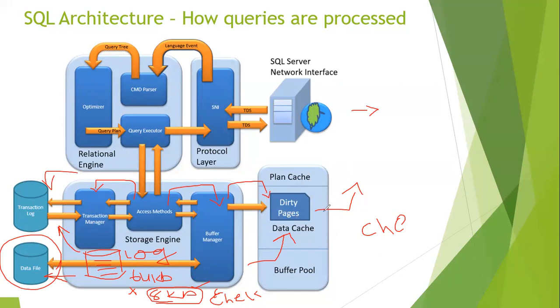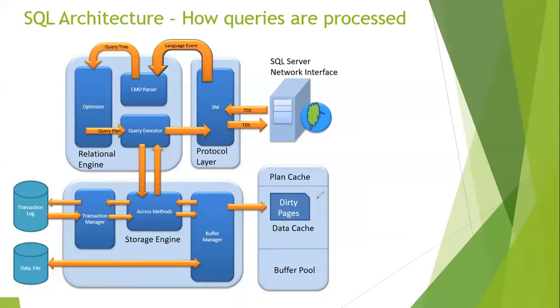And second, it will validate whatever pages are there in the data cache and flush these pages to the data file, marking that checkpoint LSN information in the transaction log file, and the checkpoint LSN information is also written into the database. So we have some internal pages, so that information will also be written to the database boot page.